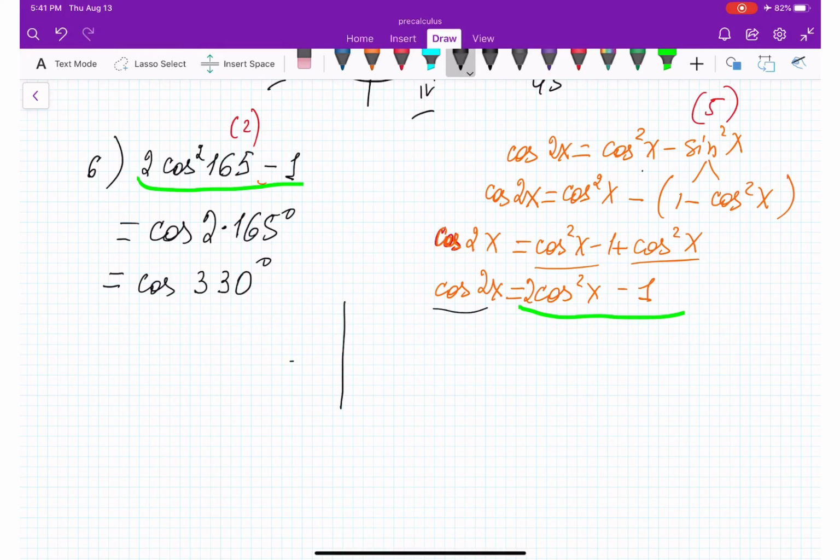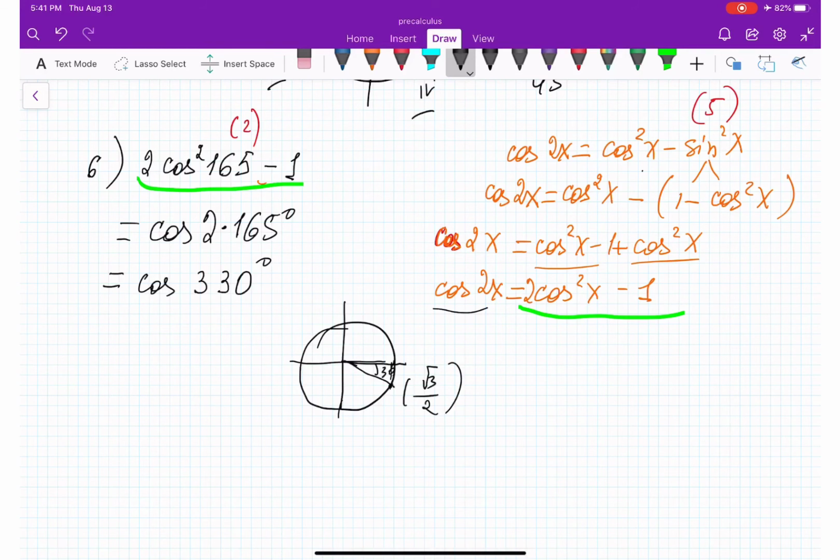All right, let's draw the graph. 330 degrees is going to be in the fourth quadrant, right? So 360 minus 30 degrees, this is going to be 30 degrees. What are the coordinates? Cosine here is going to be positive, which is square root 3 over 2.